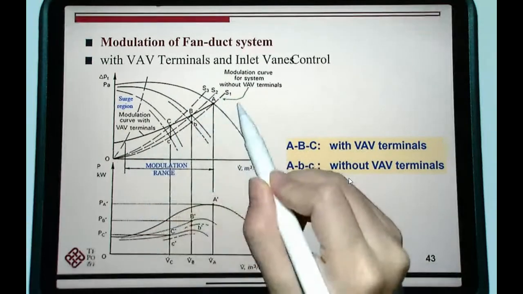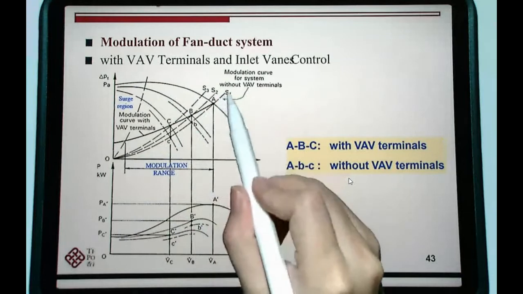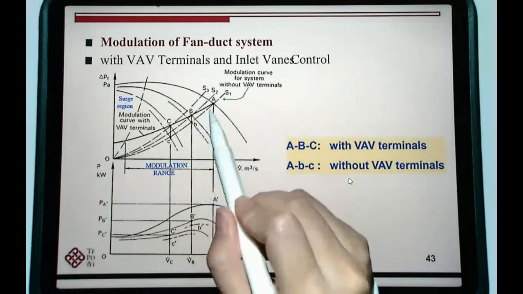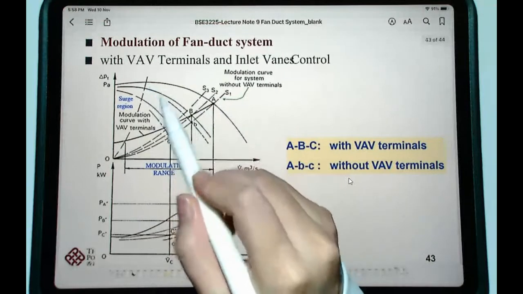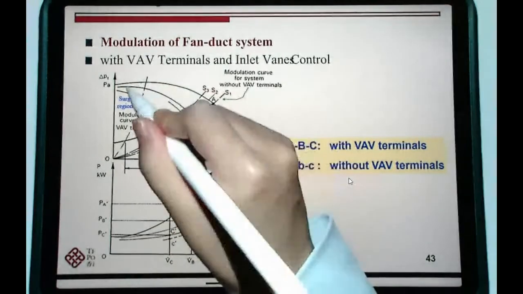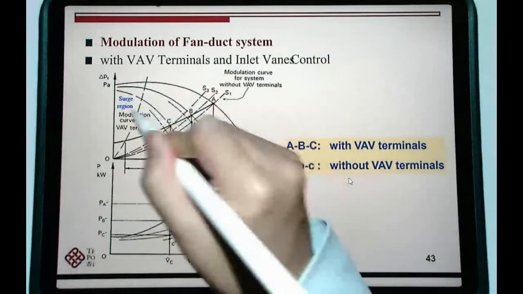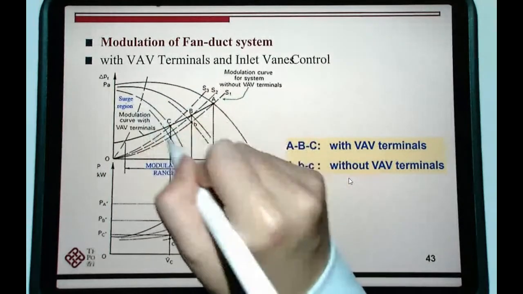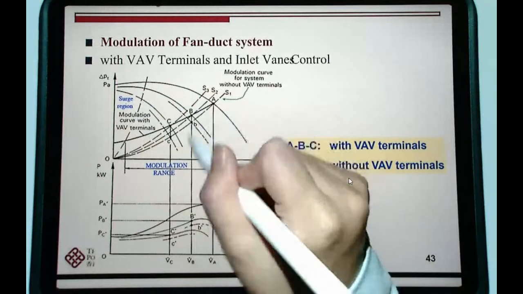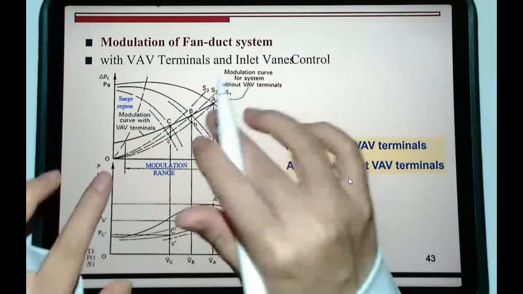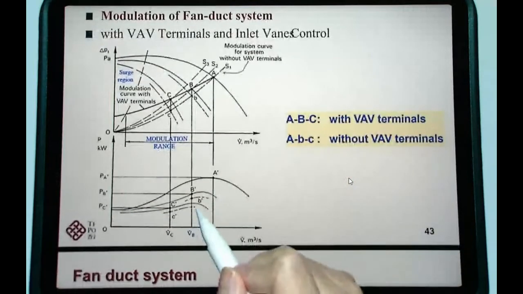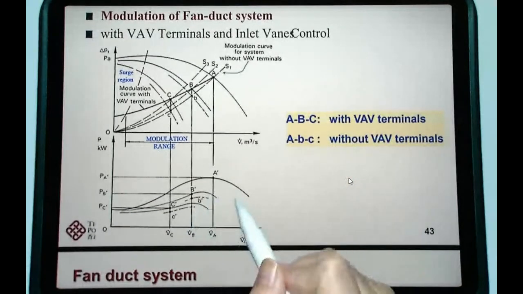So if the system is without VAV terminals, and when you change the inlet vane, it will only change the fan characteristics, as you can see here, the first, second, and third fan characteristics. So the change happens also in the first figure. And the second figure is just the corresponding curve here.